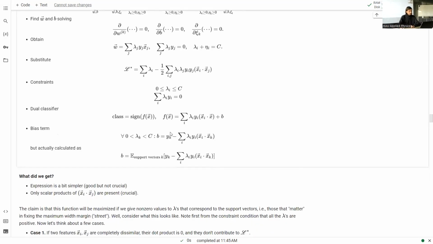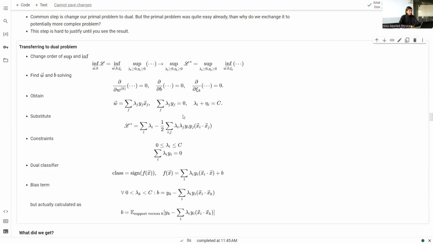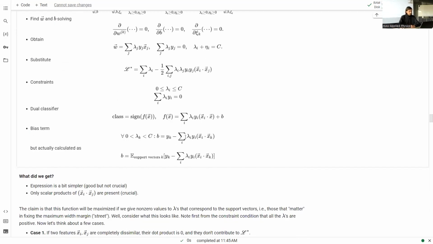Here is an example of how to calculate b. You might notice that it was somewhere lost in our calculations. That's okay. When you are performing those derivatives, you can check that. But here is the way to recover it when we transfer to the dual problem.